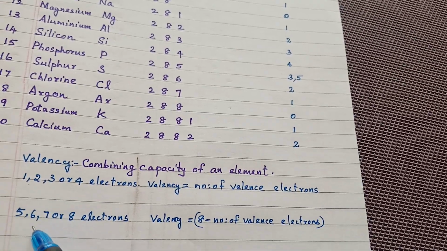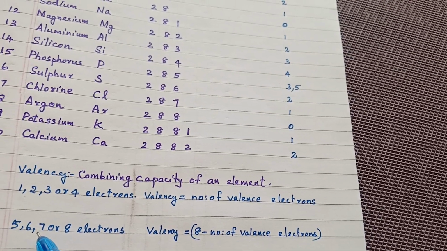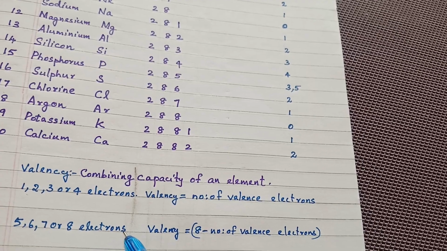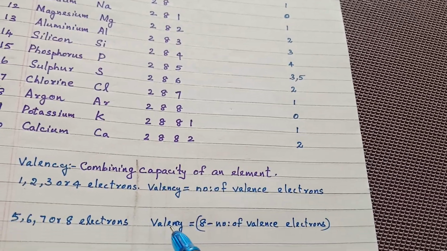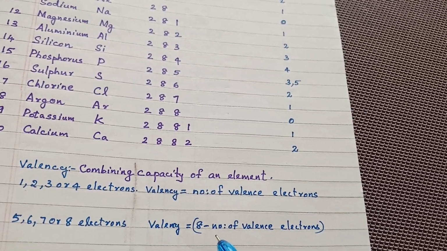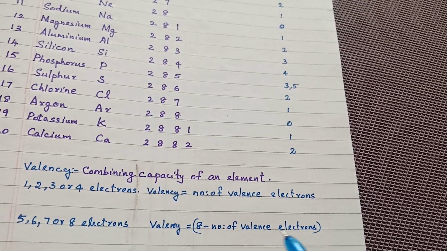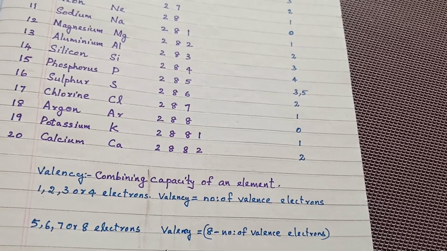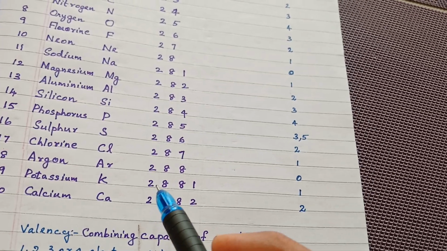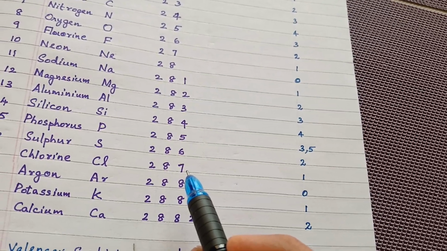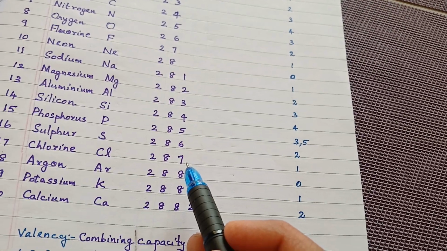The other rule says if you have 5, 6, 7 or 8 electrons in the outermost shell, or valence electrons, then valency equals 8 minus number of valence electrons. Let us see if it is true. Say take chlorine. Chlorine is having 7 electrons in its outermost shell.